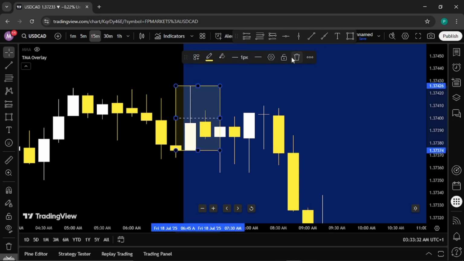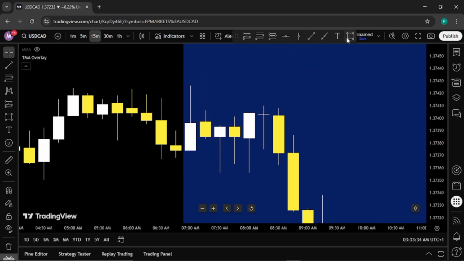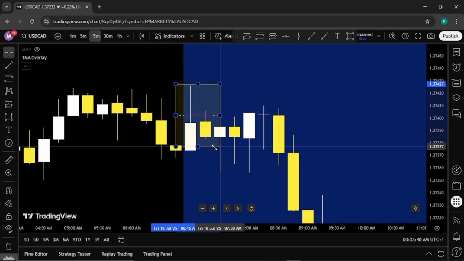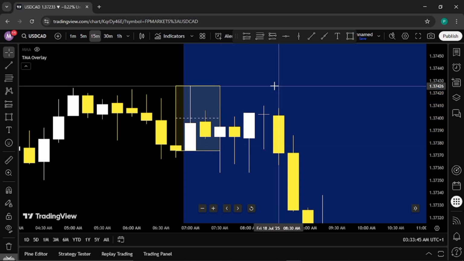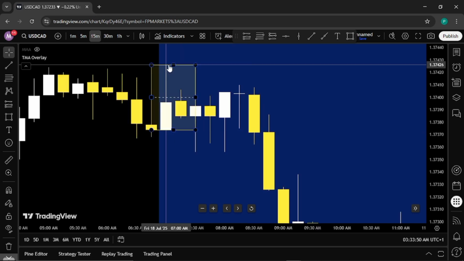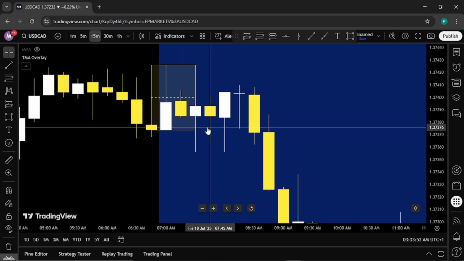Okay, so we've used a rectangular box. You can actually use a line, but I prefer this rectangular tool to mark out the high and the low of this candle. So what you do here is, like I said earlier when I was explaining the orb, you mark out the high and the low, and you wait for a candle to break.